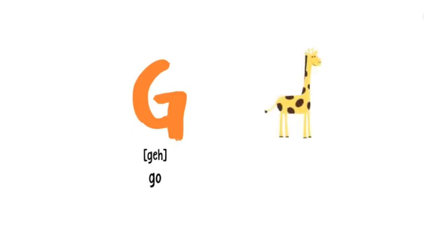The next letter is G. G is pronounced like the G in the word go, and the German word is Giraffe, Giraffe, which means giraffe. As you can see, the word Giraffe is written exactly the same way as in English, but the pronunciation is completely different. G, Giraffe.